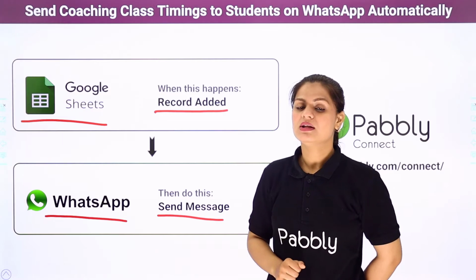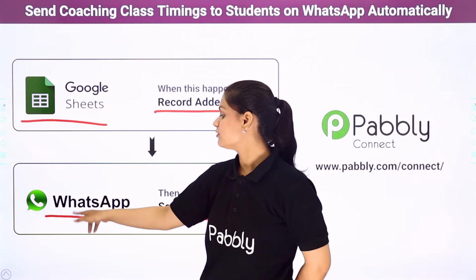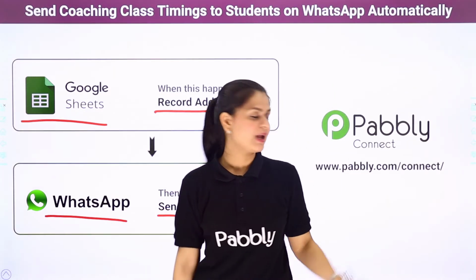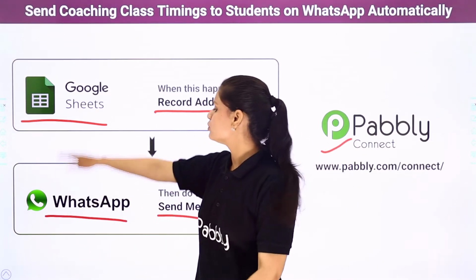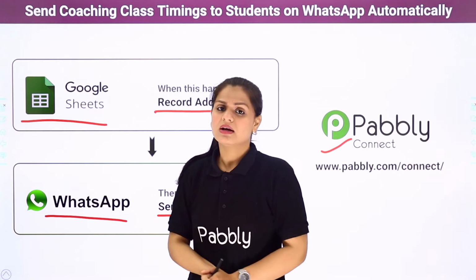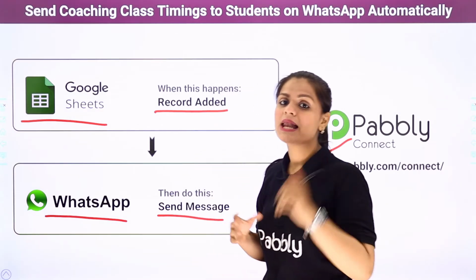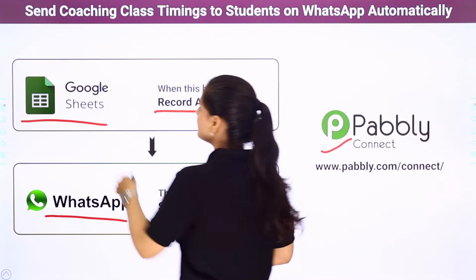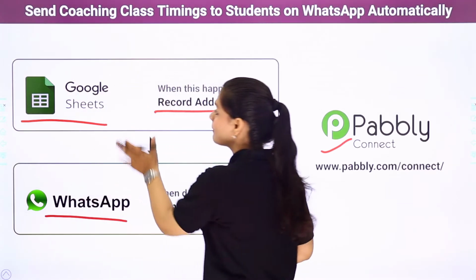Isn't it wonderful? I am going to connect these two applications with the help of a software named Pabbly Connect, because Google Sheets and WhatsApp do not have any native integration. With the help of Pabbly Connect, I am going to build an automation between these two applications.